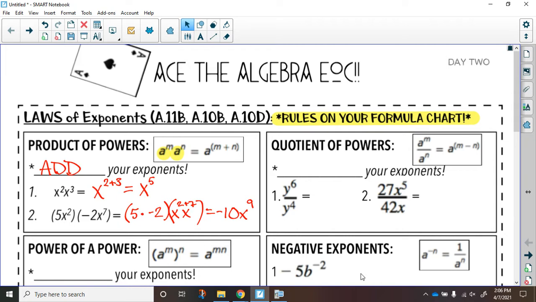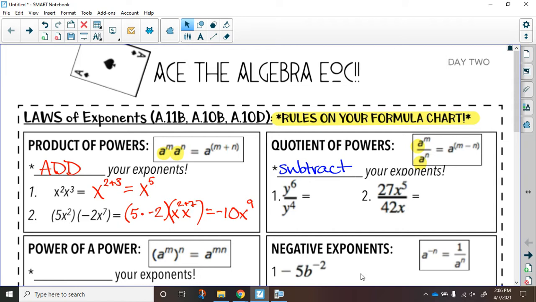When we look at quotient of powers, so I am dividing the same base, I'm going to subtract my exponents. So again, we are subtracting. And I always like to move everything to my biggest exponent.